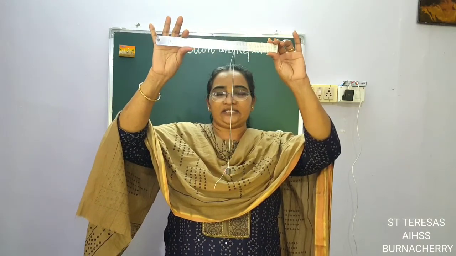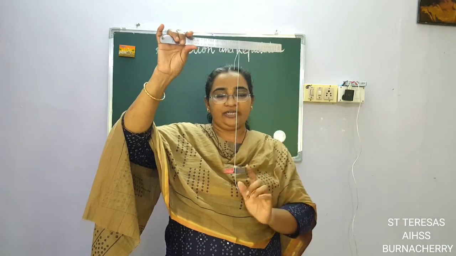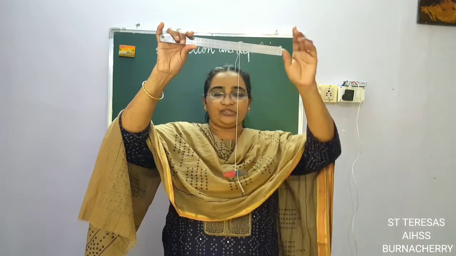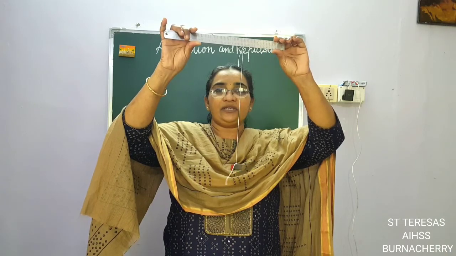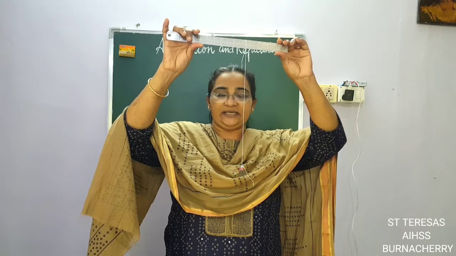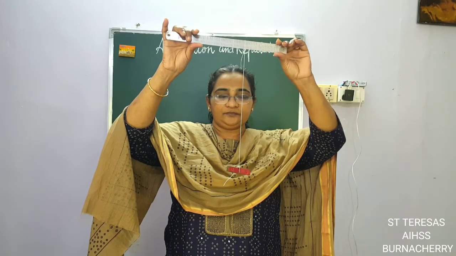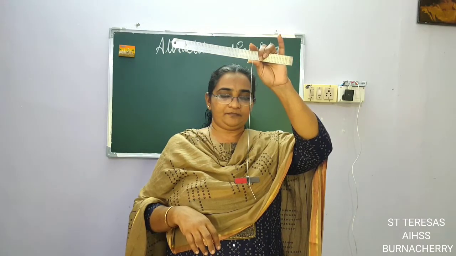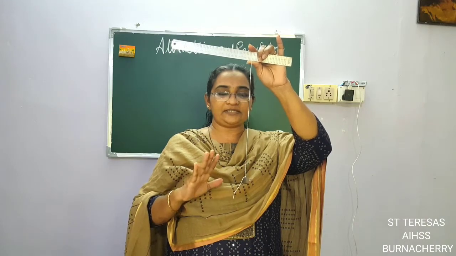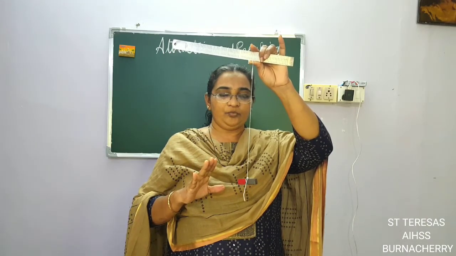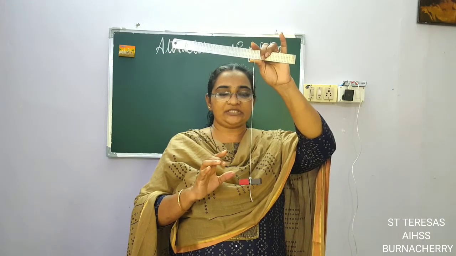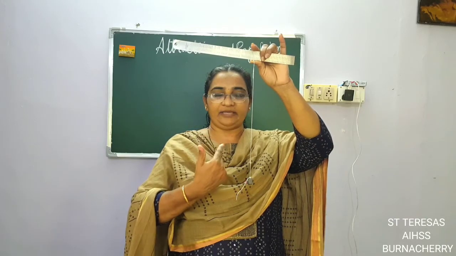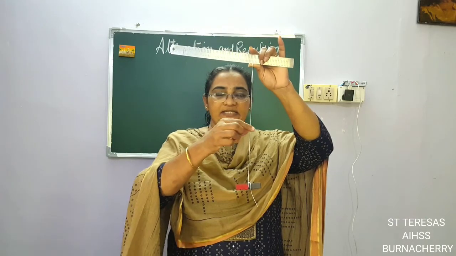Now I am giving it a push, so it is rotating, and then it will come to a standstill. Now it is slowly stopping. Which direction is it standing in?